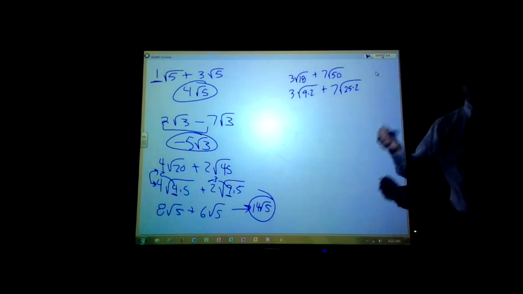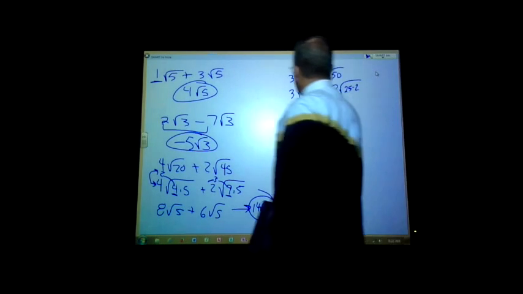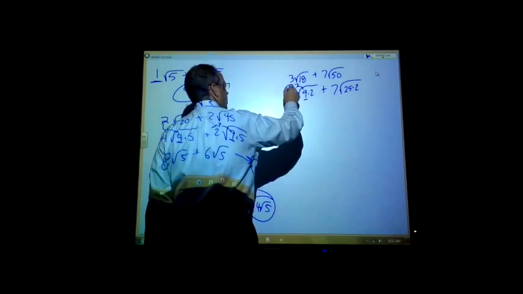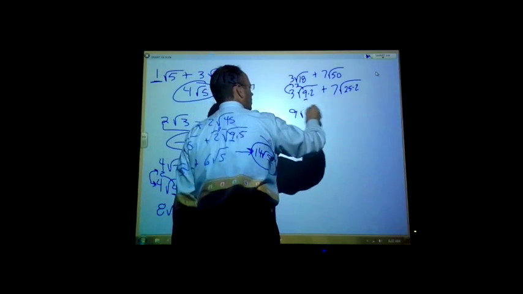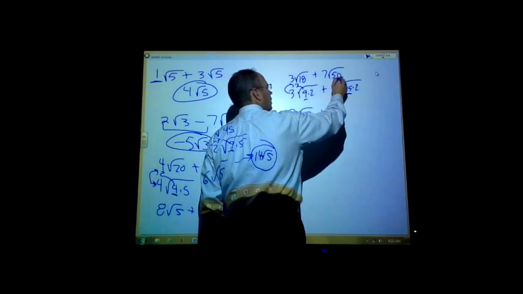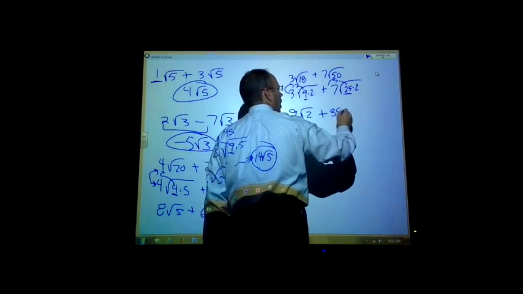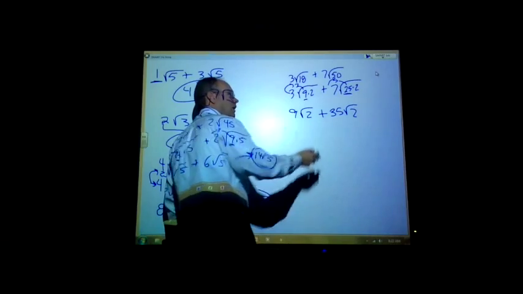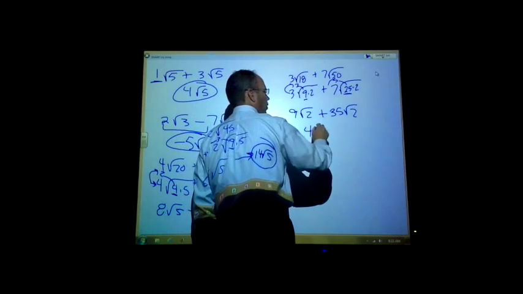And the reason I'm not doing 5 and 10 is because I'm looking for the largest perfect square, and 25 is a perfect square. What is the square root of 9? 3. What happens with these two? They multiply. Plus, what's the square root of this? 5. Multiply those. Are they like terms? Yes. Same radicals? Absolutely. Add them together. 44 root 2.